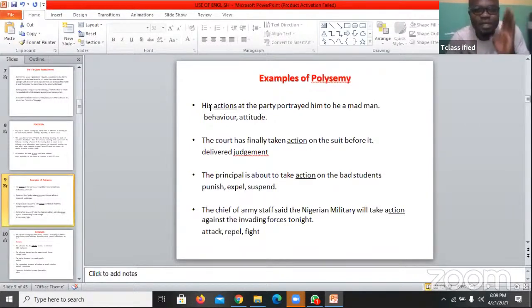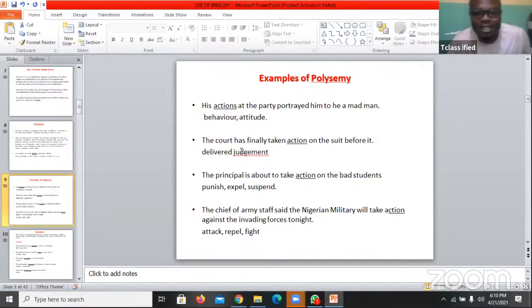Like here we have, his actions at the party portrayed him to be a madman. So considering party and portrayed him to be a madman, his action at the party, you know that action simply means behavior or attitude, because it's only your behavior and your attitude that can portray you as being a sober person or a mad person. So the synonym of action here could be behavior or attitude in this very context.